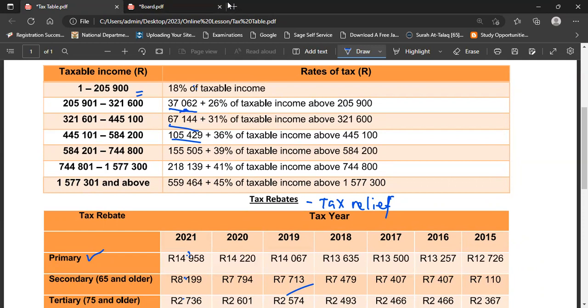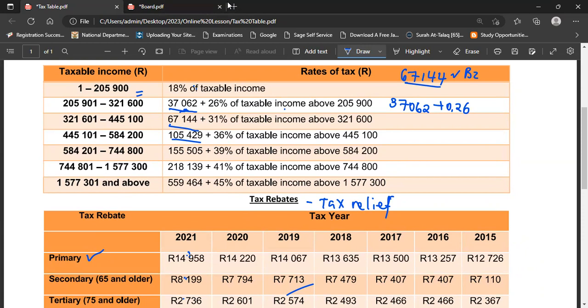For example, how was 67,144 determined? This comes from bracket number 2. So it's the maximum in bracket number 2 and the minimum in bracket number 3. Since it comes from bracket number 2, you come to bracket number 2: 37,062 rands plus 0.26.